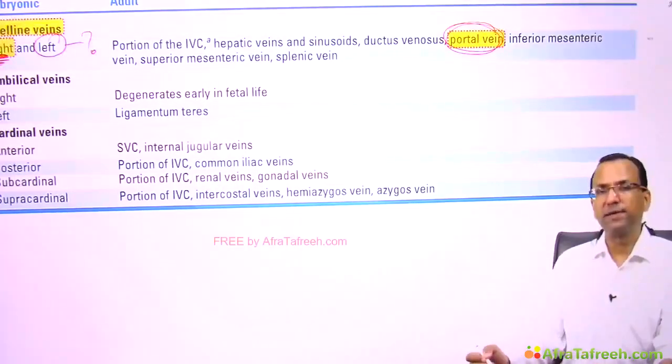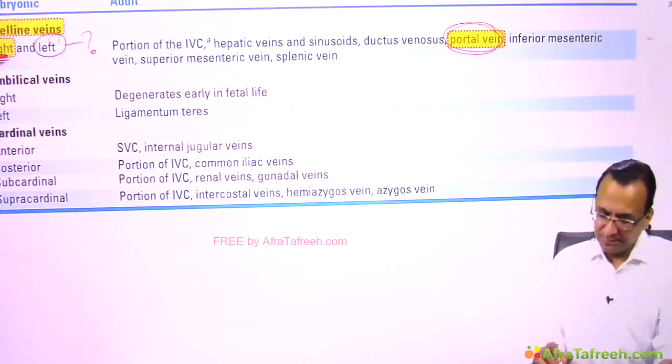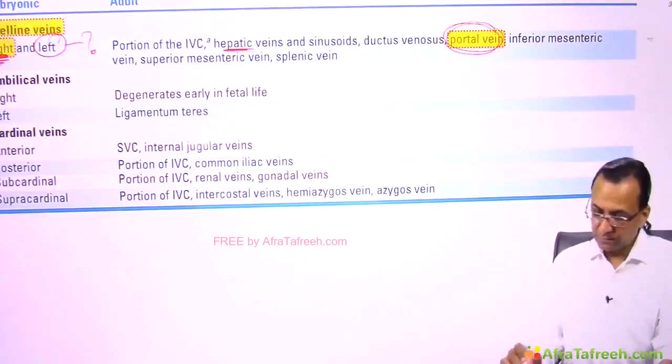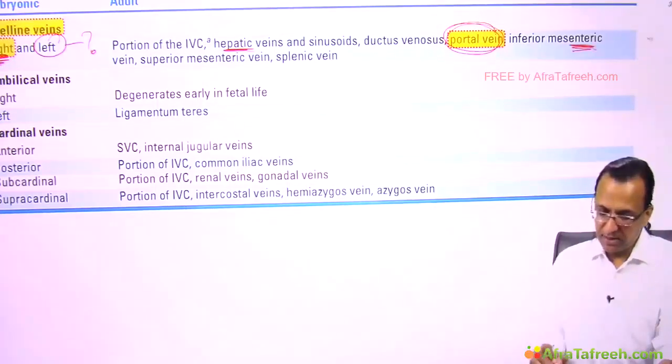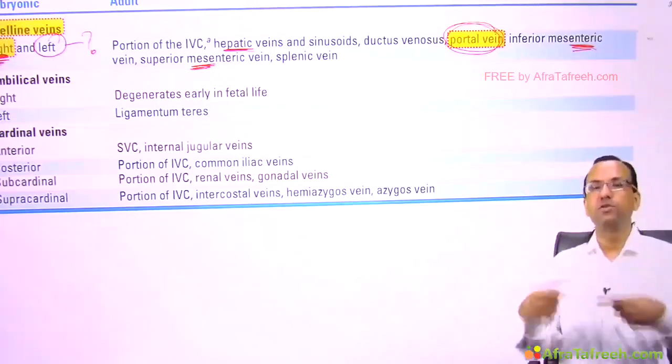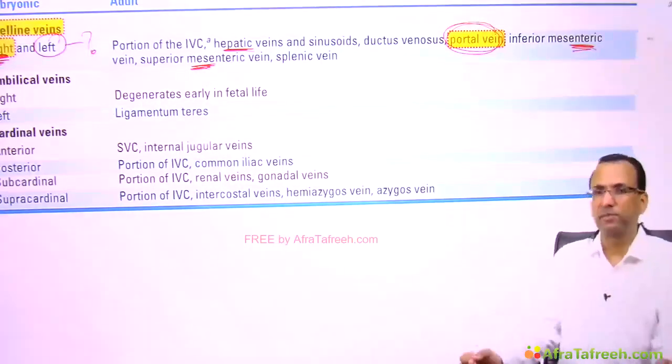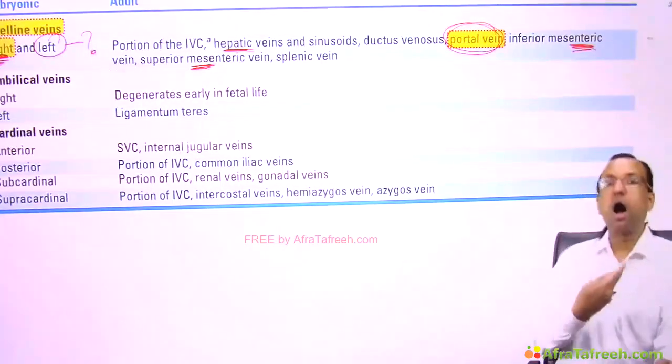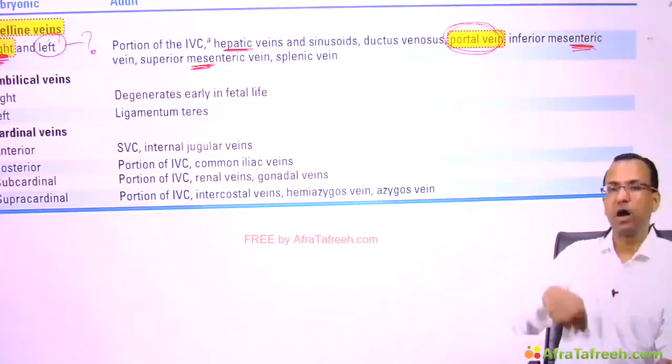So what is portal venous circulation for? See, it is the hepatic vein and mesenteric vein, and they absorb the nutrients from the gut tube and carry to the liver for metabolism, and after that carry the metabolites to the heart.